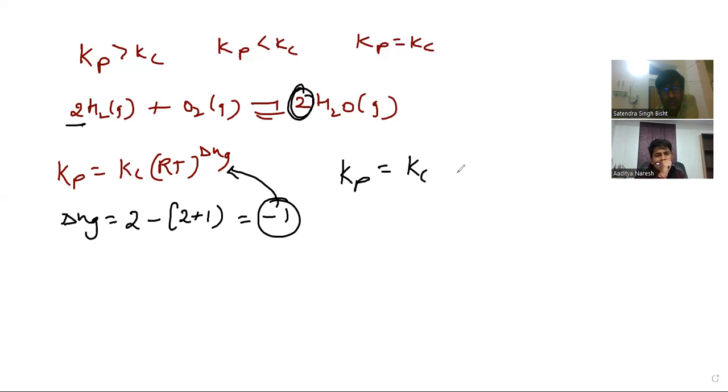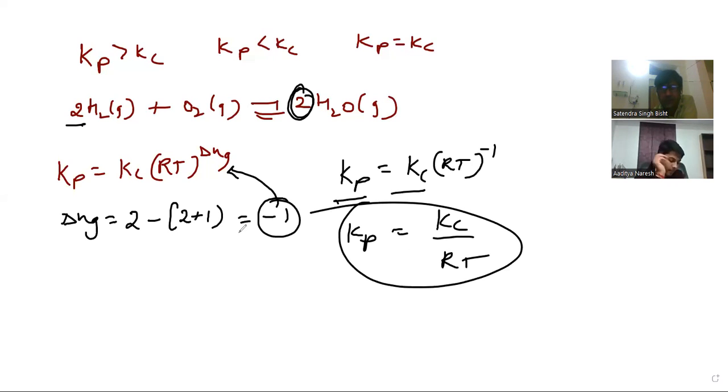Placing the value of minus 1, Kp equal to Kc into RT raised to the power minus 1. Then find out which one is greater. Minus 1 means it is divided by RT.